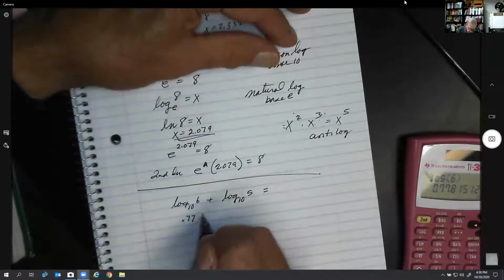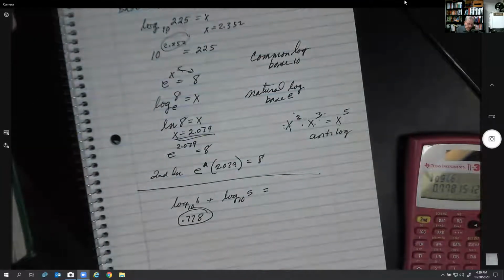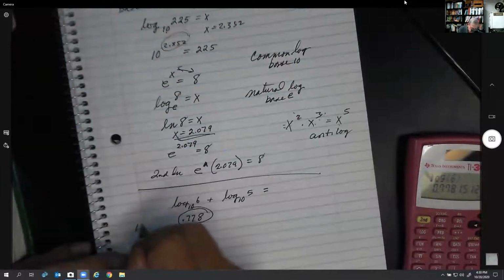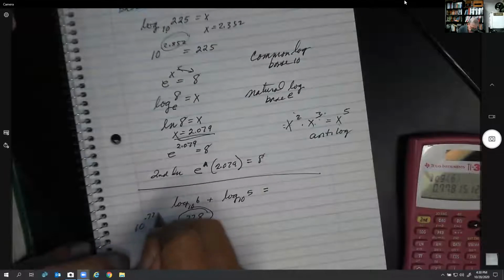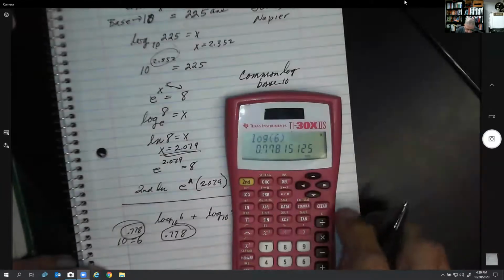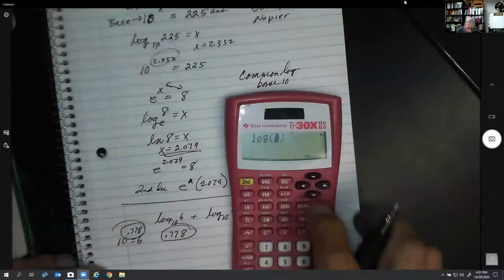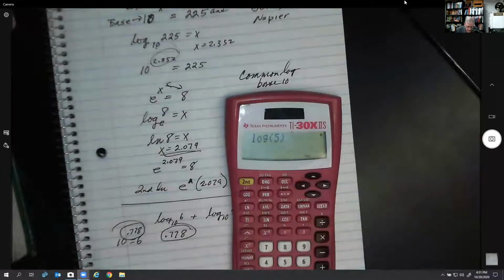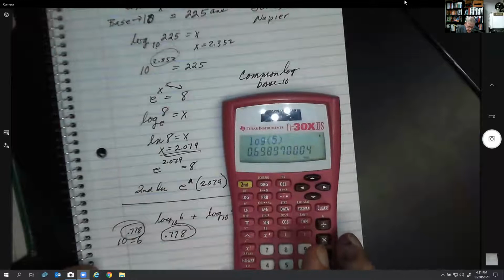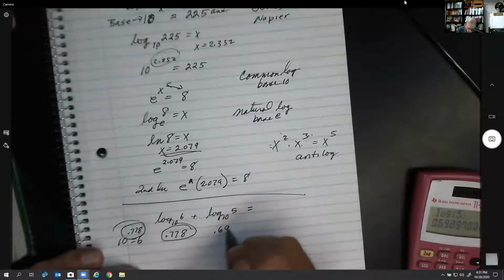See, this is actually what the computer is seeing. It's seeing the exponent. It's seeing 10 to the 0.778 is 6. It's looking at the exponent. Same thing with 5. I'm just going to change this up to a 5. Equals. See, this would be 0.699, let's call it. So what is it going to do? It's going to add those together.